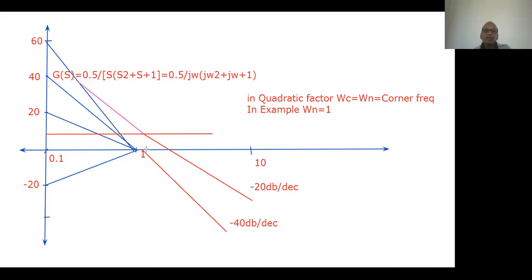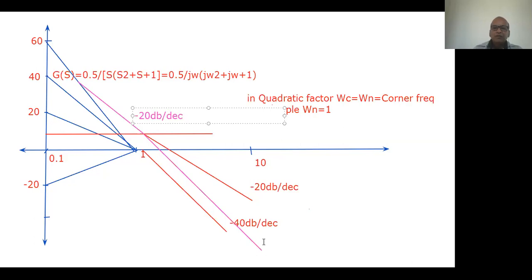If you see, this is the slope equal to minus 20 dB per decade.